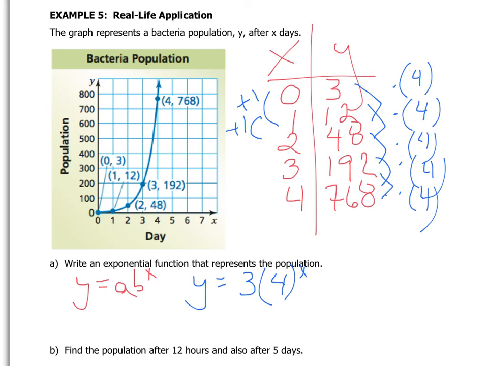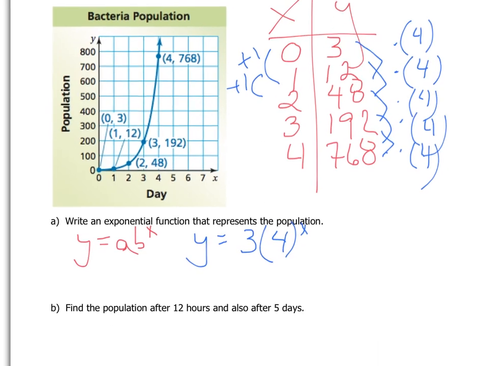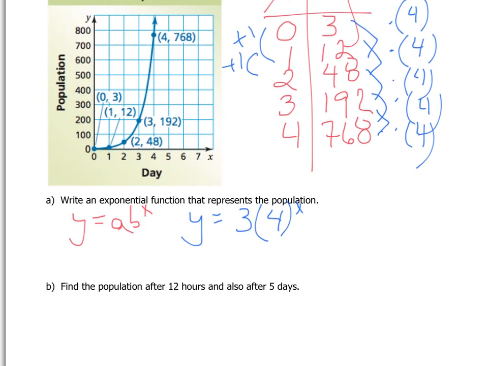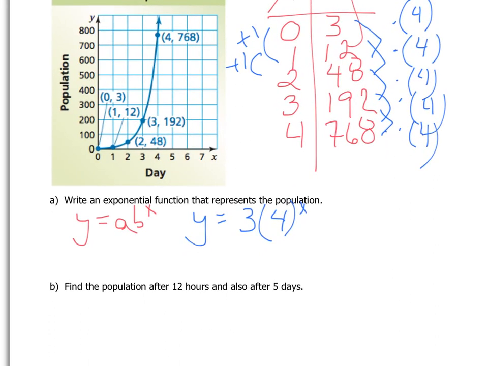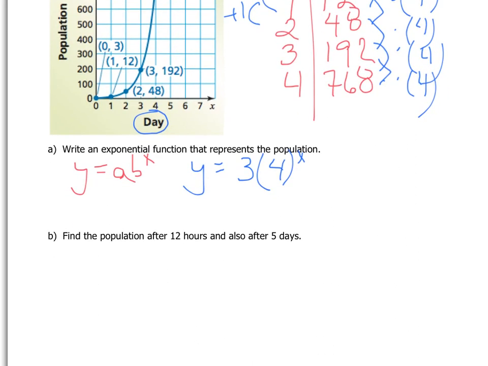Now with that, we have one more question to answer: to find the population after 12 hours and also after 5 days. Well, 12 hours would obviously be 1/2 of a day, because we can see that we are dealing with days for our domain. So for the first part, we have our model, y equals 3 times 4 to the 1/2 power.